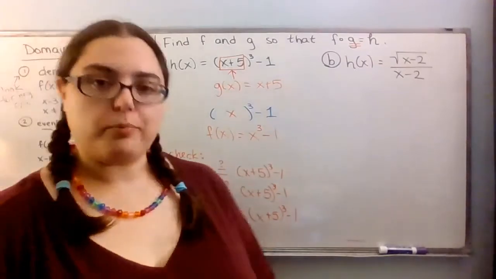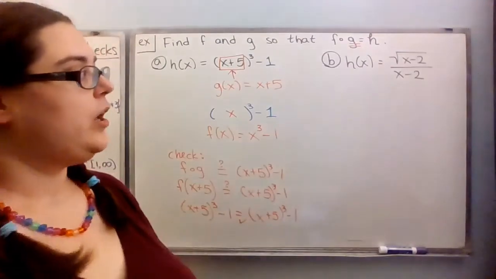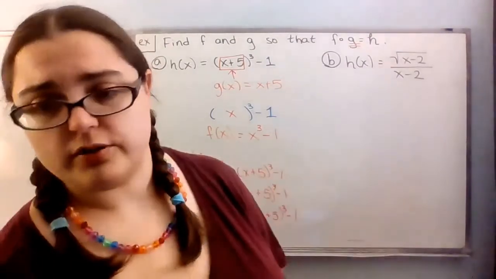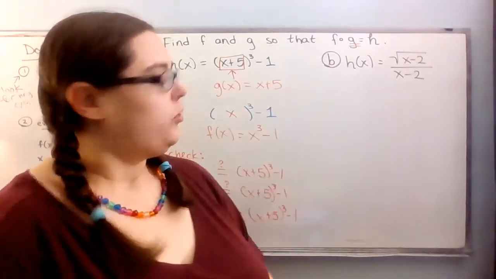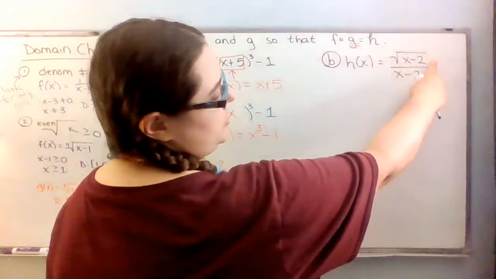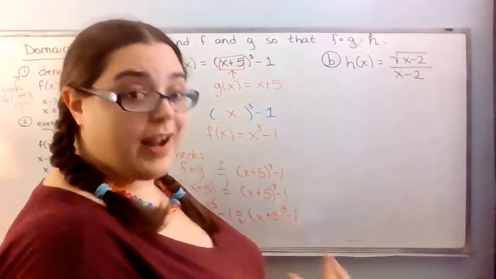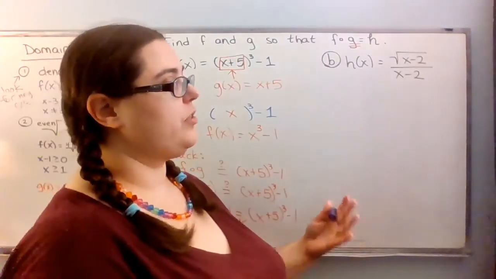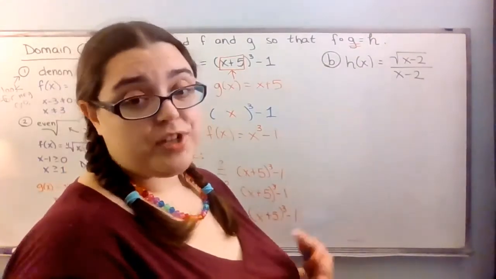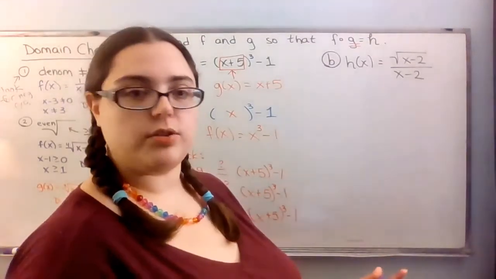So let's see if that process is going to work for the second example as well. The second example has an awful lot going on, so let's take it slowly here. We have the square root of x minus 2 over x minus 2. If I'm a value for x being substituted into this function, whether I'm on the numerator or the denominator, whichever one I choose to do first, the first thing that happens to me is subtracting 2.